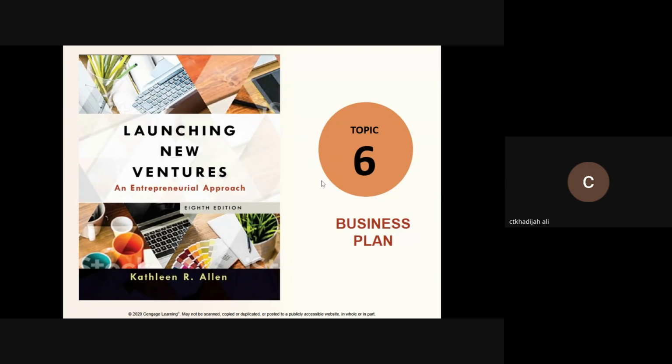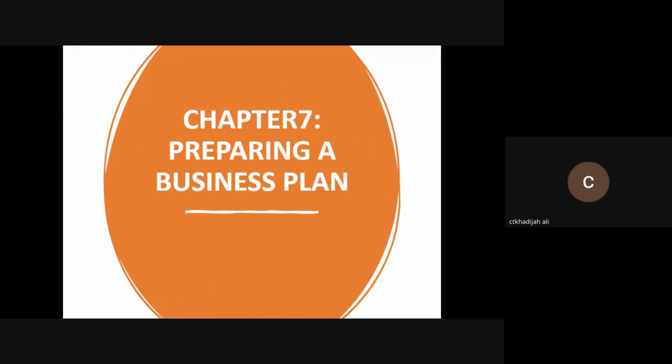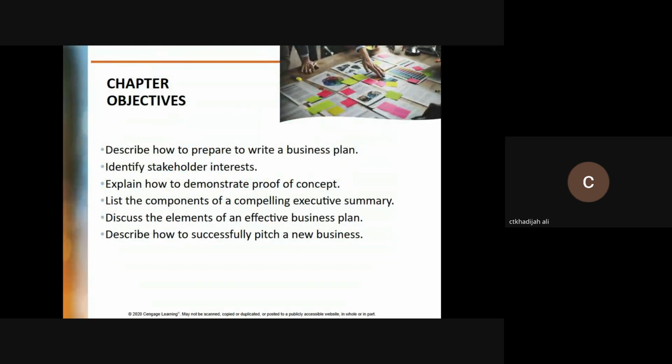Okay, so for this one, we have seen how a business model works, how to create a business model, what the important elements in a business model are, and so on. So now we will look into the business plan. In this chapter 7, you will see how to prepare a business plan.